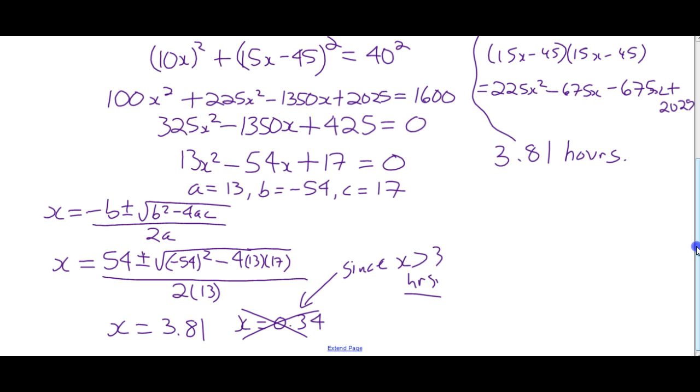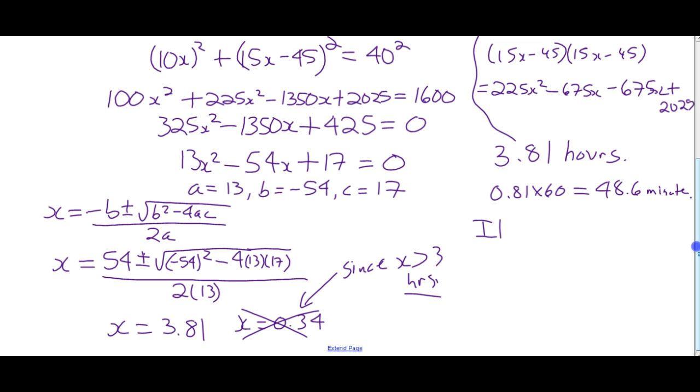So how do you get that? 0.5 hours, how do I get 30 minutes? 0.5 times 60. 0.25 hours is a quarter of an hour? 15 minutes, right? So 0.25 times 60. Okay, so what are we going to do? We're going to take 0.81. We know we got 3 hours, so 0.81 times 60 is, what's that work out to? 48.6. So that's 48.6 minutes.